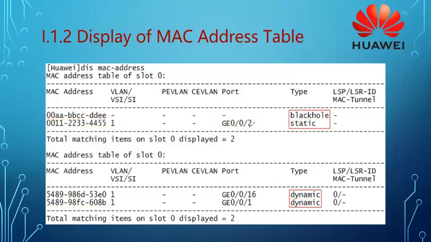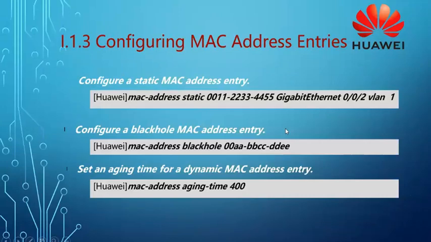So, what about the operations to manipulate these entries? We have some commands to use. The first command used in configuring MAC address entries is to put a static MAC address on my MAC address table.